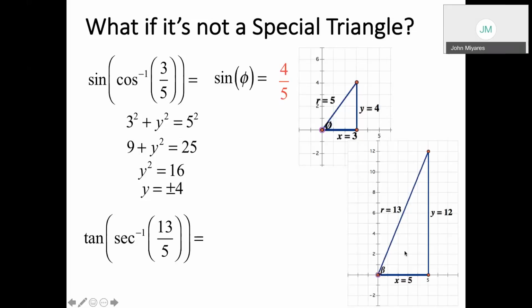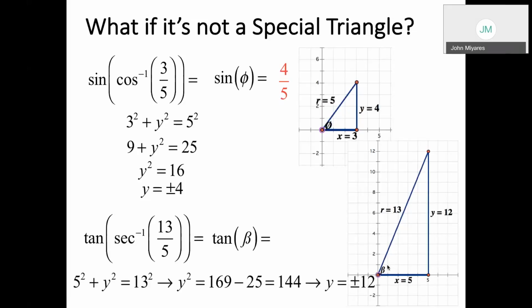This time, I've marked that angle with a beta, but you could measure it with a theta or a phi or an alpha or whatever angle you feel like. So what I'm interested in is the tangent of angle beta, which will be the opposite over the adjacent side. The opposite will have length 12, which again can be easily verified by using the Pythagorean theorem. So the tangent of angle beta is going to be 12/5.